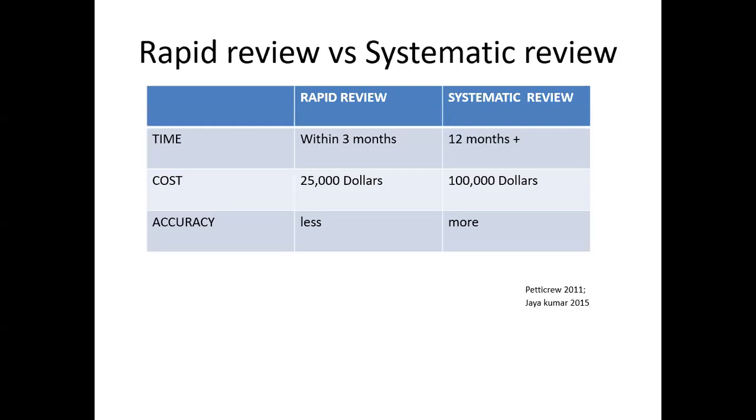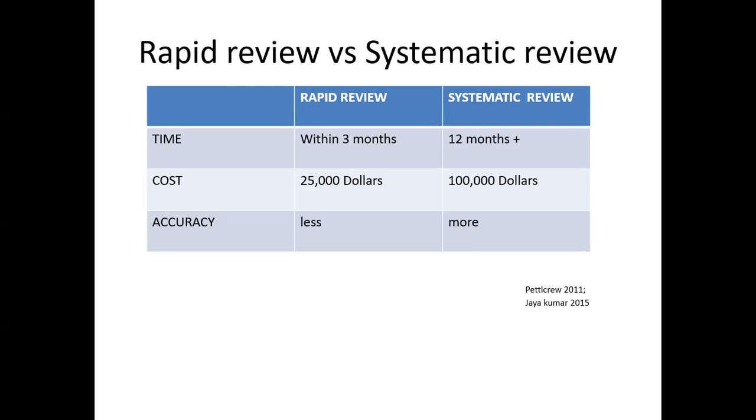Let's see some parameters that make a difference between rapid review and systematic review. So we'll go through time, cost, and accuracy. For a rapid review, you need to produce the report within 3 months. That can be weeks, it can be 2-3 weeks, 1 month, 2 months, but the average is 3 months, the report is ready.